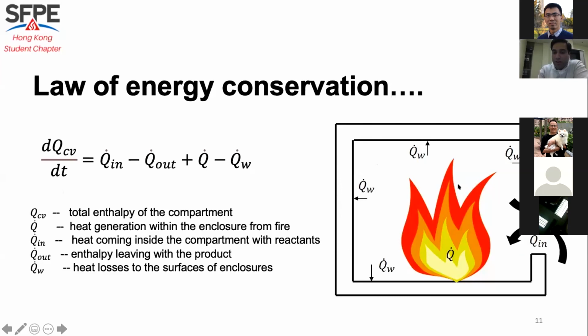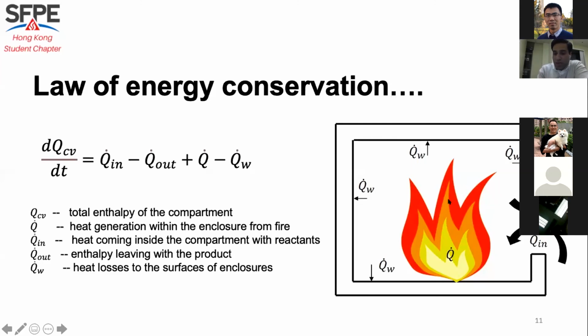For example, in this room, how much enthalpy is added from the reactants, meaning the air which is coming inside the compartment, and how much energy or enthalpy is leaving the compartment. This is basically hot gases or the products of combustion.